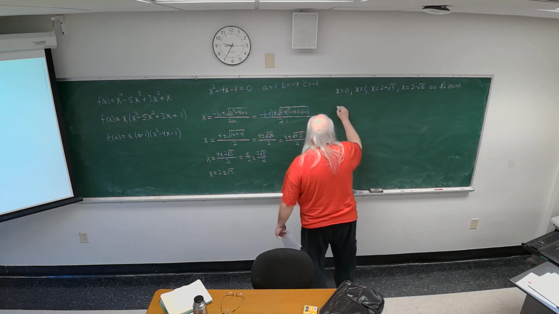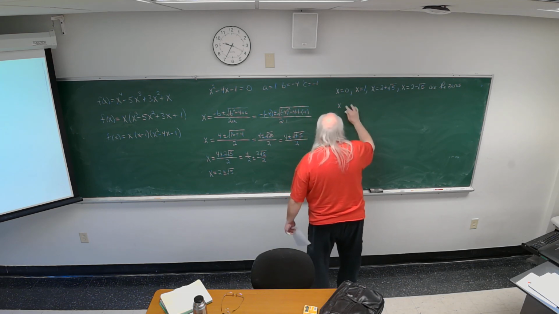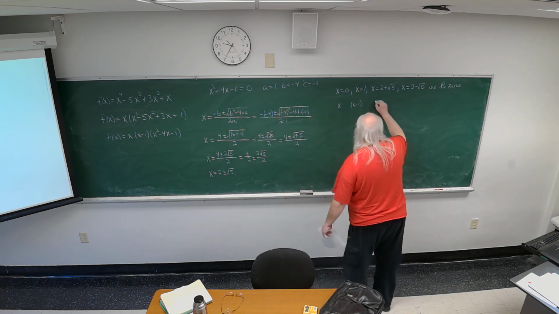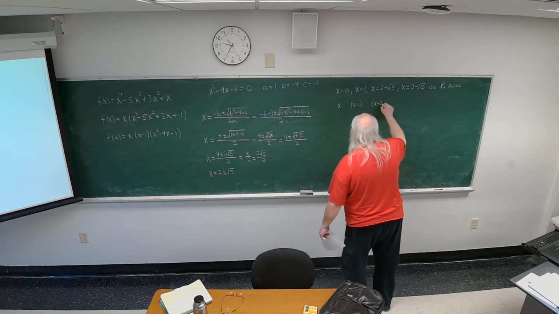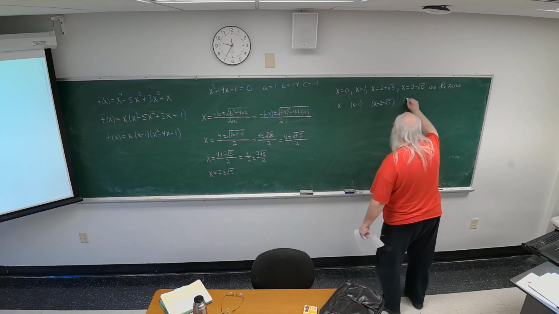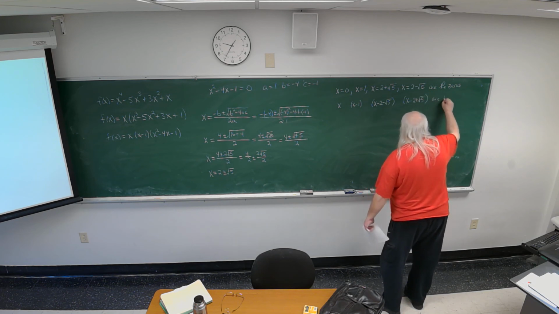And x, x minus 1, x minus 2 minus the square root of 5, and x minus 2 plus the square root of 5 are the factors.